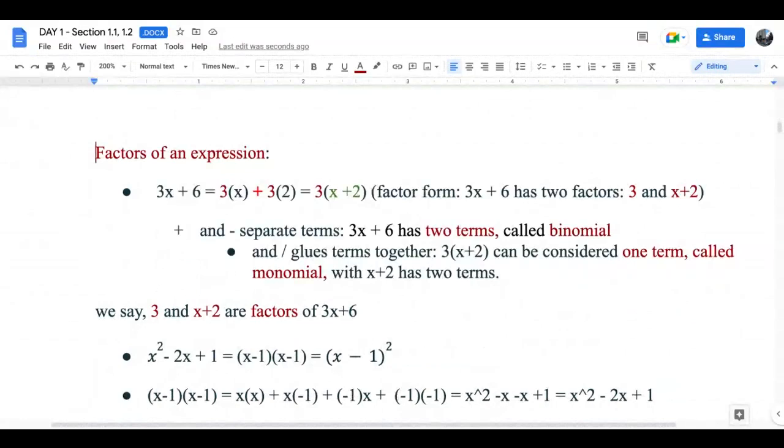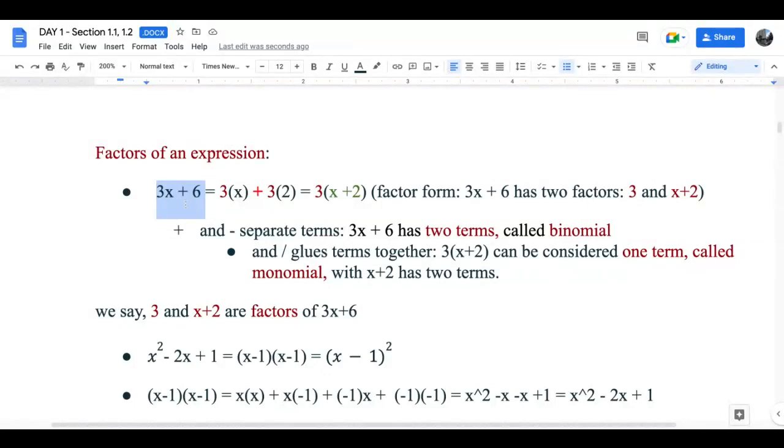Now that's numbers, right? Easy to understand. Now let's see expressions, right? Because we talk about factors for binomials, for fractions, for expressions. Expressions involve variables and numbers and operations. Let's see this case. We have 3x plus 6.